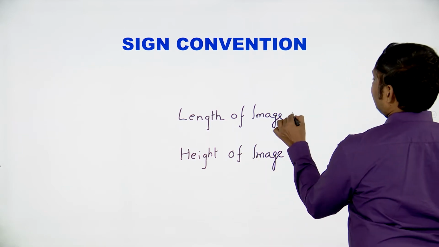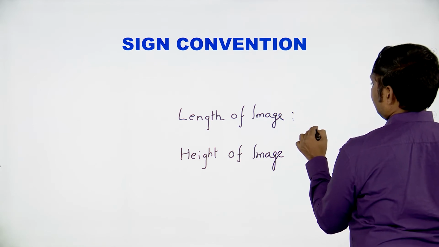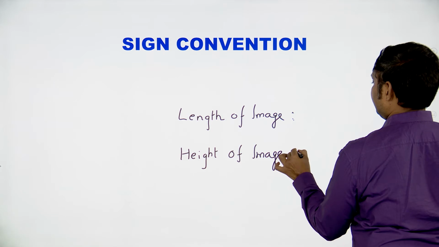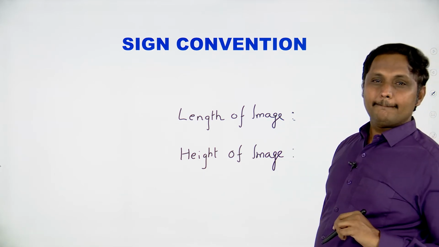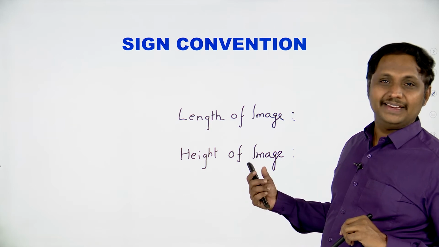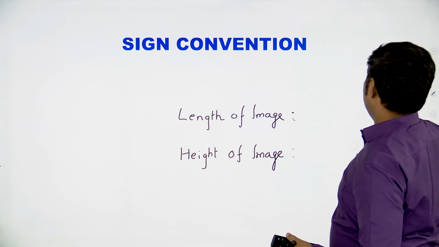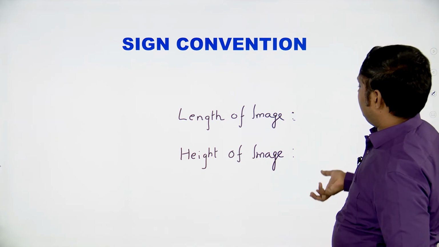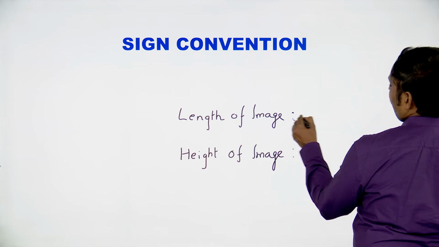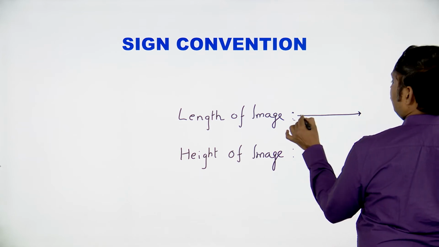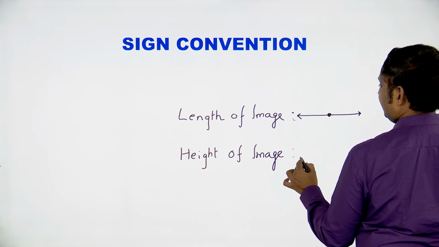So axial, vertical distance, axial distance, just we are going to get this one. Longitudinal and lateral, we would like to take up, longitudinal distance, lateral distance. Length of image along the x axis, we would like to go for that. So we would like to get the measurement, height of the image.